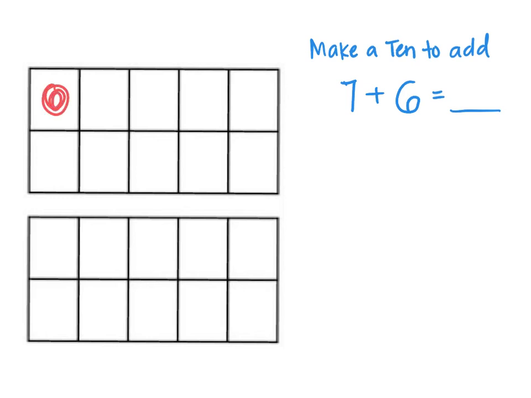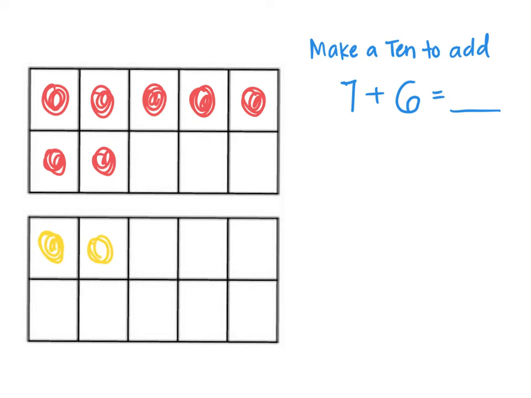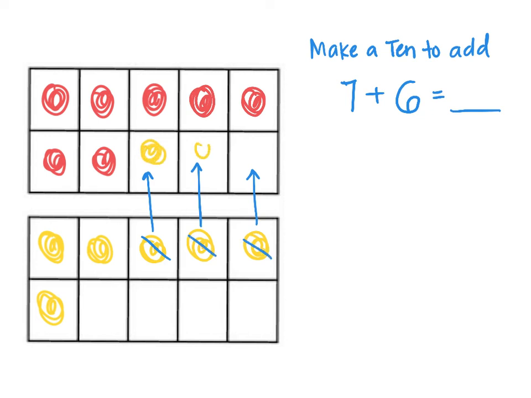So we put 7 red, and then down below 6 yellow. Now we can move these yellow ones up here, so we'll cross these out. So we move them up here to make a 10 up here.